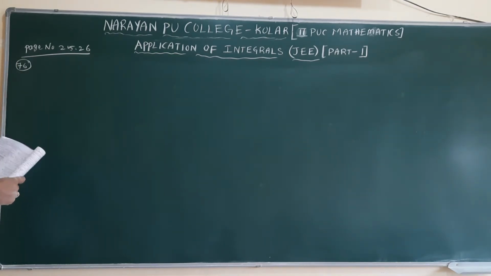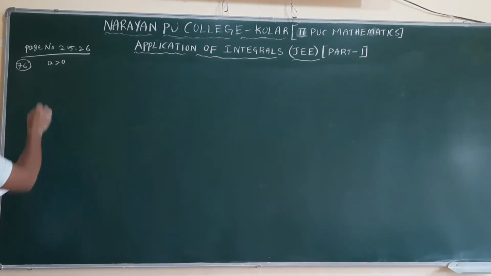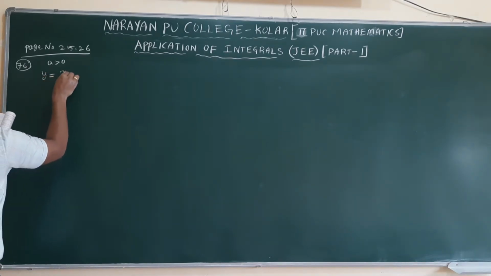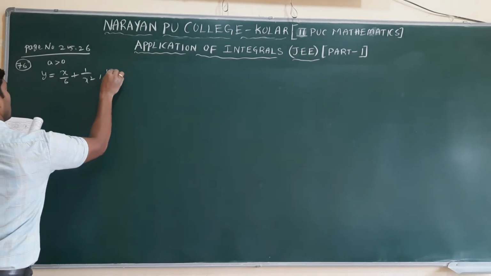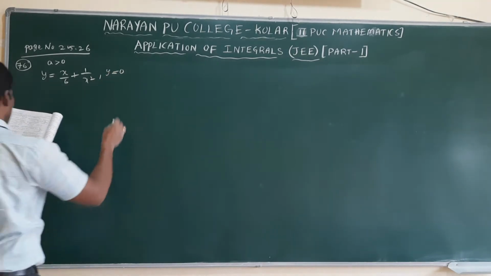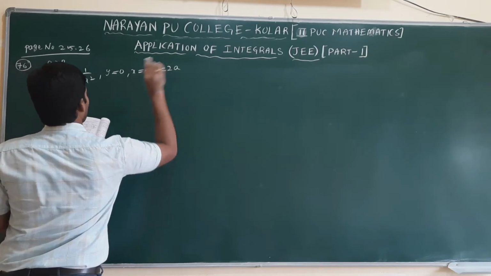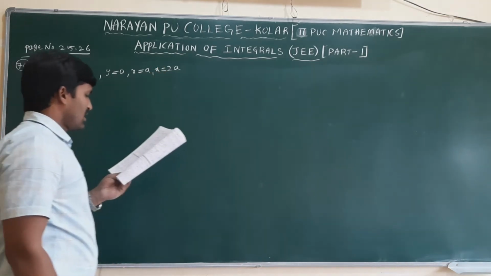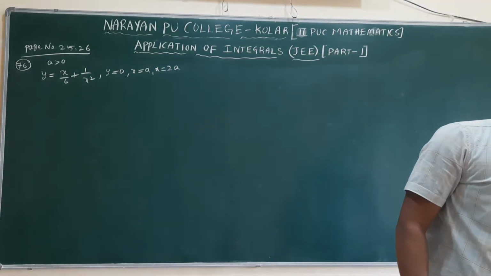The value of a greater than 0, for which the area bounded by the curve y equals x by 6 plus 1 by x square, y equals 0, x equals a, x equals 2a, is least, we need to find in this case.